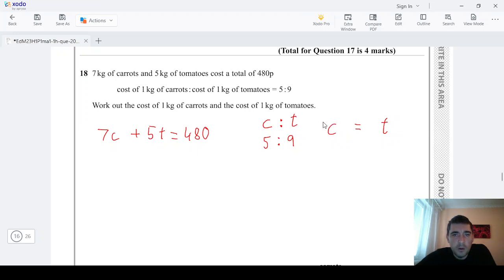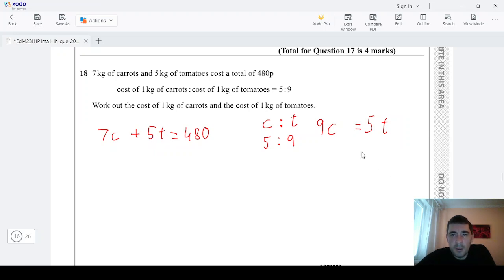So we need to, if we got 9 kilograms of carrots, that would cost the same as 5 kilograms of tomatoes. Okay, so next bit, I need to check which one I can make a subject. So probably looking at the equation, I would like to get 5 in denominator.